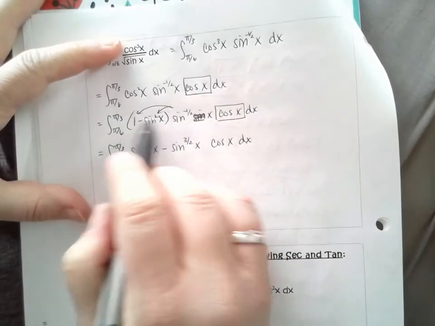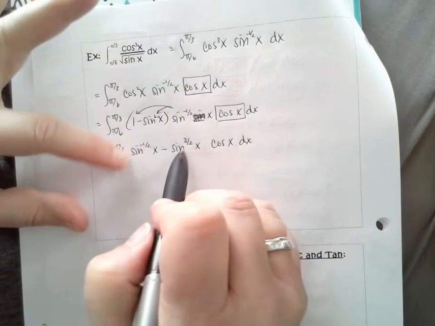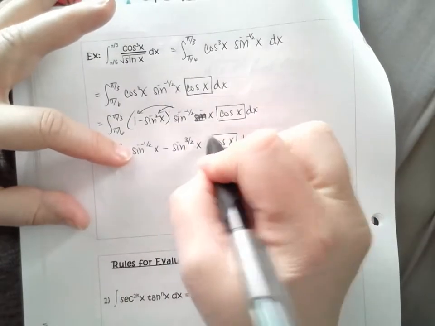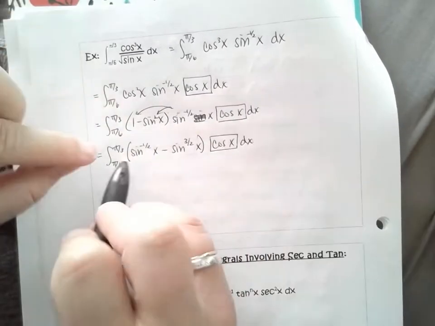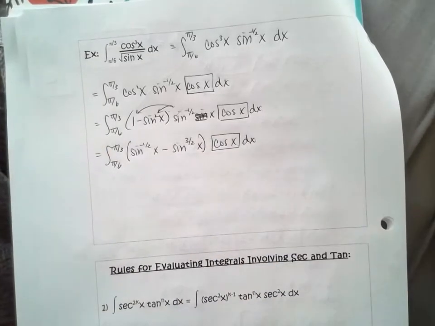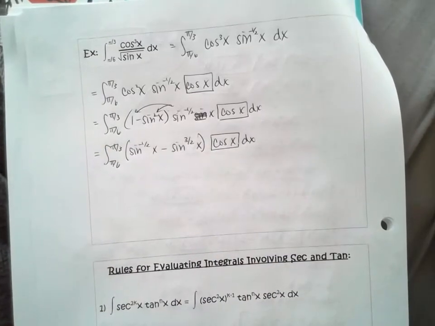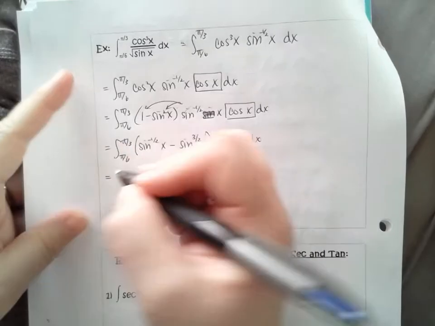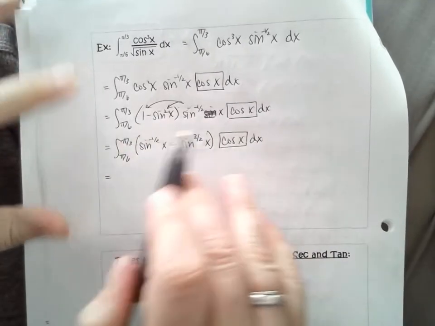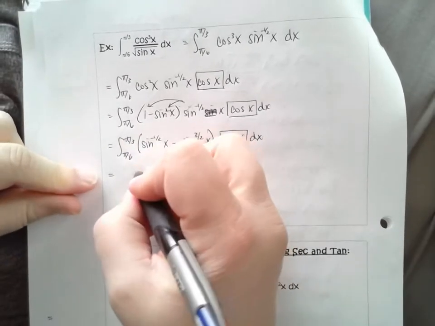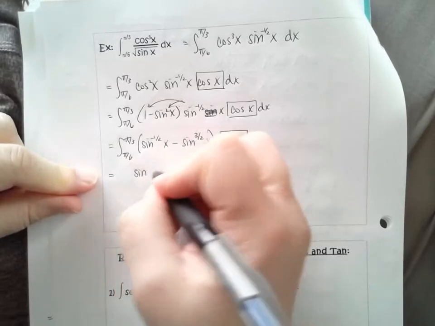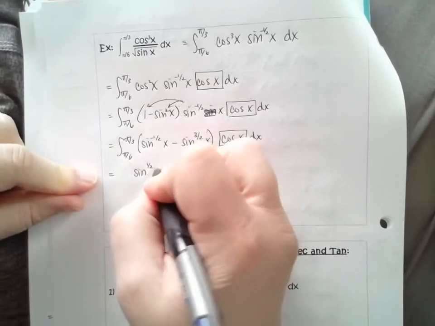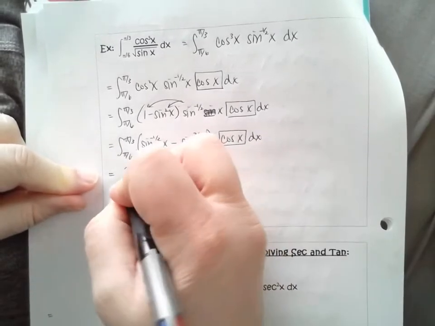Both of these are receiving the cosine, so I'm going to put them in parentheses, and I'm going to imagine u-sub off the top of my head, but I'm not going to actually convert it to u. This is the appropriate du. Integrating sine to the negative 1/2 would become sine to the 1/2 over 1/2.